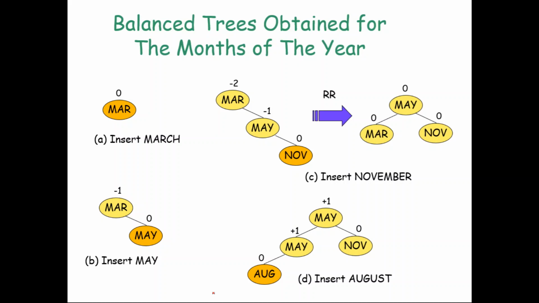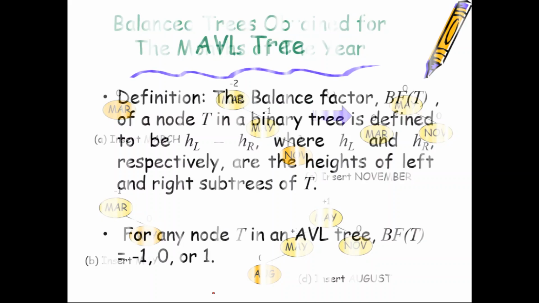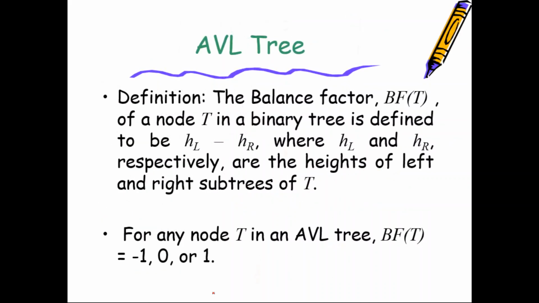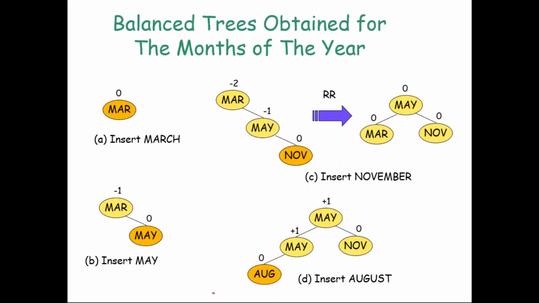Let us take this case. Say for example, we want to insert values into the binary tree. First we want to insert March. March is inserted into the empty binary search tree.